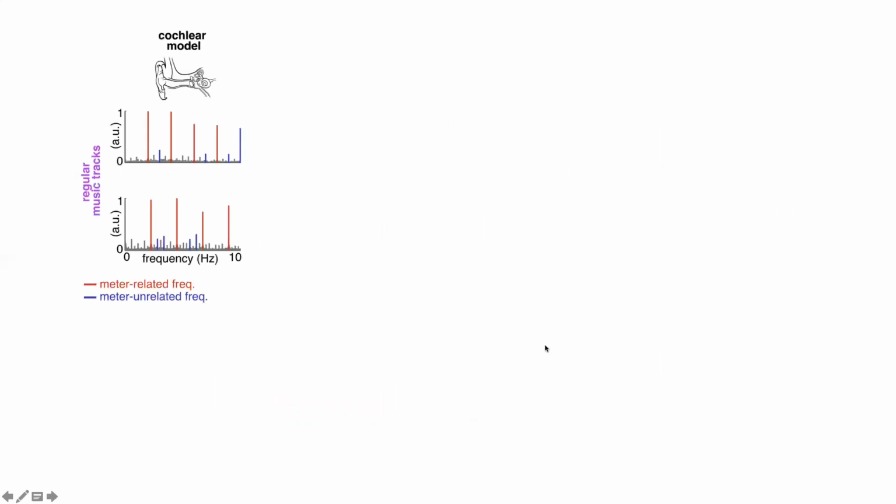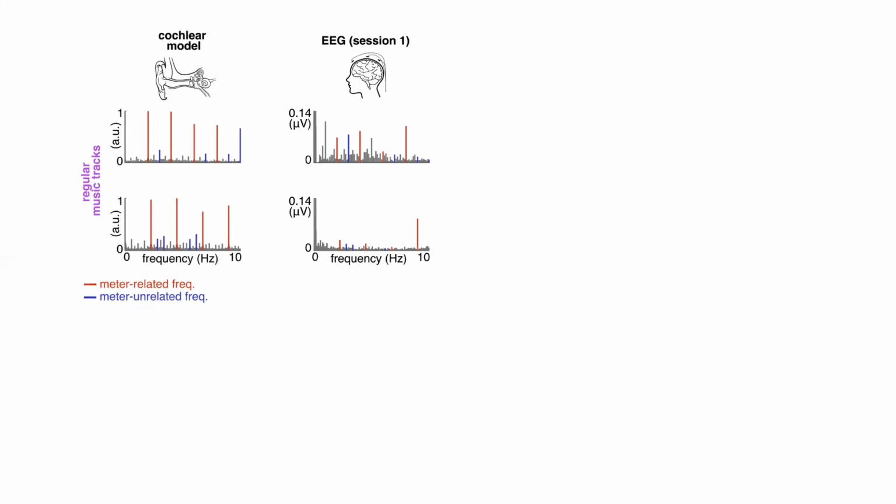Now here is the spectrum of the simulated early sound representation at the cochlear level. And as expected for the regular music tracks, there are large peaks at frequencies corresponding to the periods and harmonics of metric pulses that participants most often tapped. And here we see that similar peaks were elicited in the measured EEG response, suggesting that the brain is tracking the auditory input.